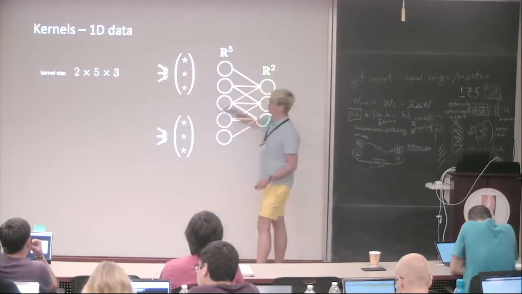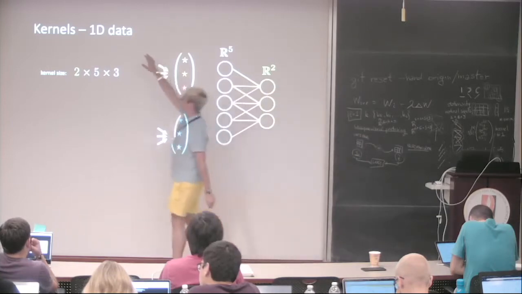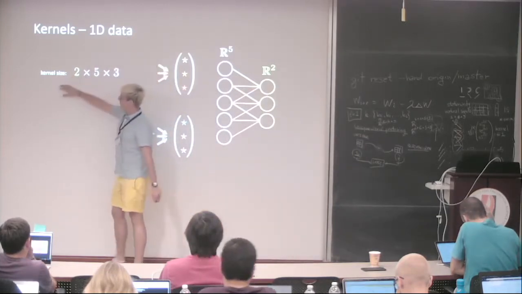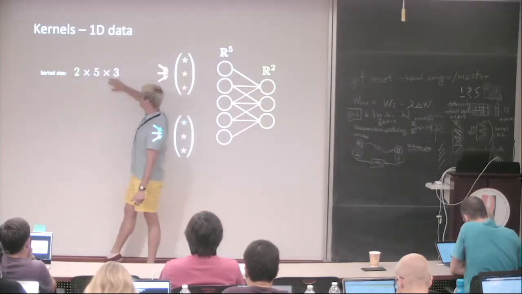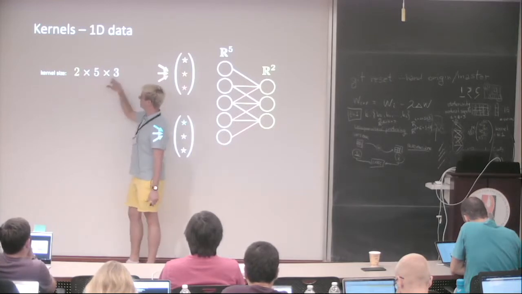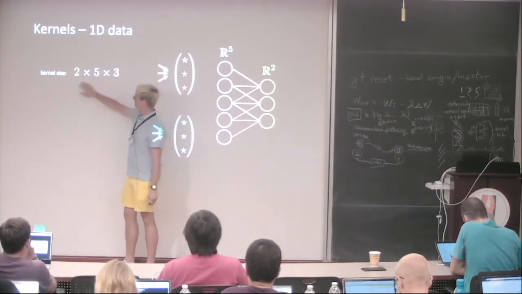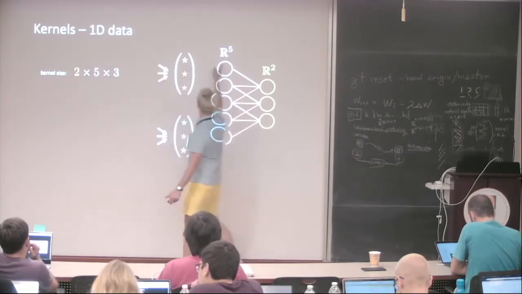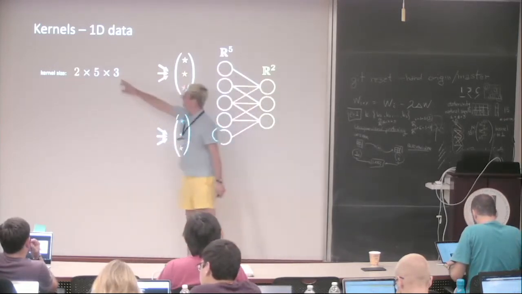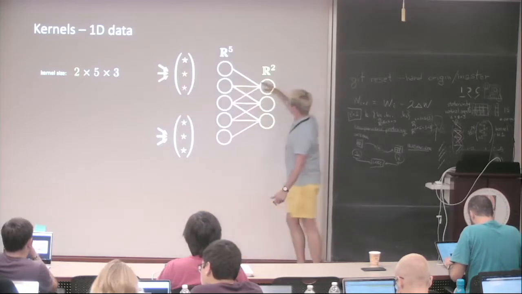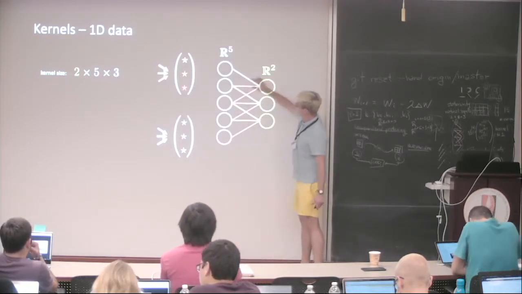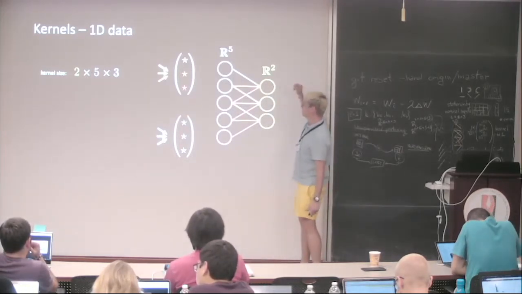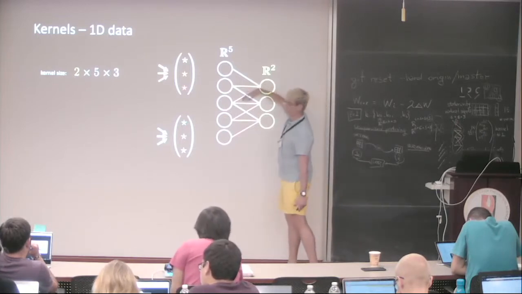So anytime you deal with 1-dimensional data, you are going to end up with a collection of kernels, which are 3-dimensional tensors. Number of kernels, number of input features, 5, and number of output, sorry, this connection, number of connections.